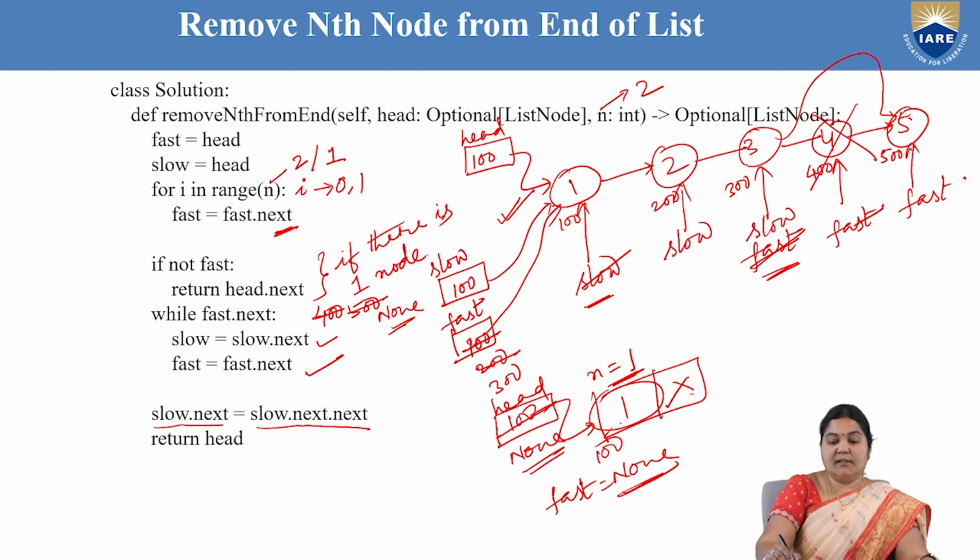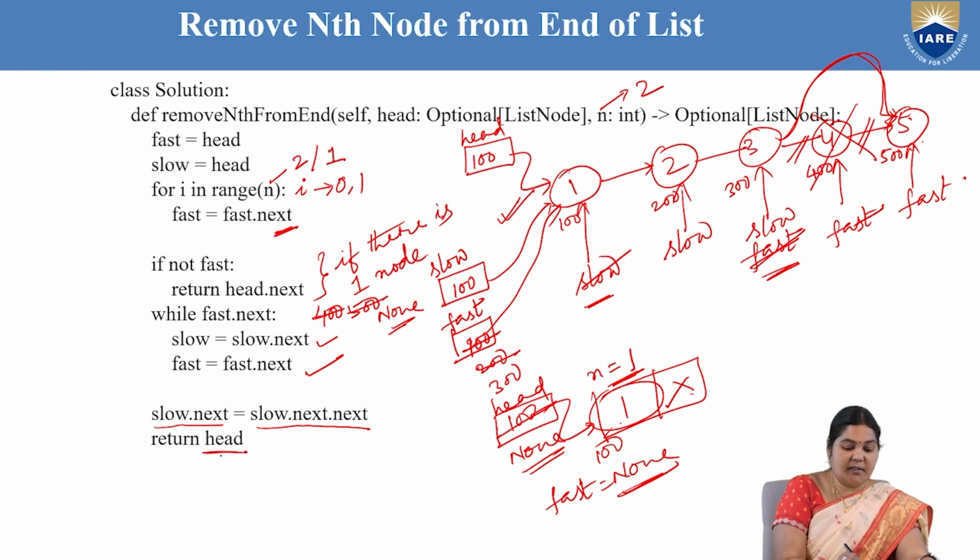So in the third node, we are going to store 500, which is the address of the last. So with this, the new connection is established like this, and this node is detached. So when this node is detached, logically we will say that the node is removed from the linked list.